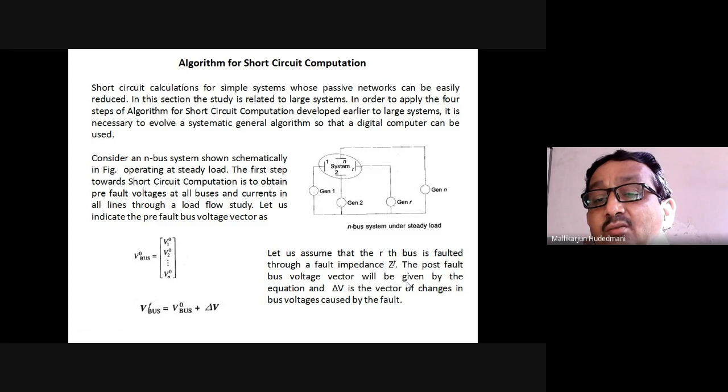We call it the post-fault prevailing voltages, given by the vector of delta V, which changes the initial value V bus 0. This is the initial bus voltage, and a vector of differentials with respect to the voltages, which will make up the voltage of that bus after the occurrence of the fault.